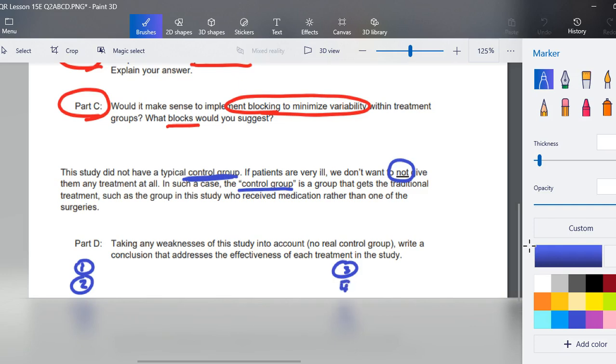And something else you may want to consider writing. There is no way to determine if the medication is effective without a control group. The outcome could be entirely due to the placebo effect. These are just some things and thoughts that you may want to write.